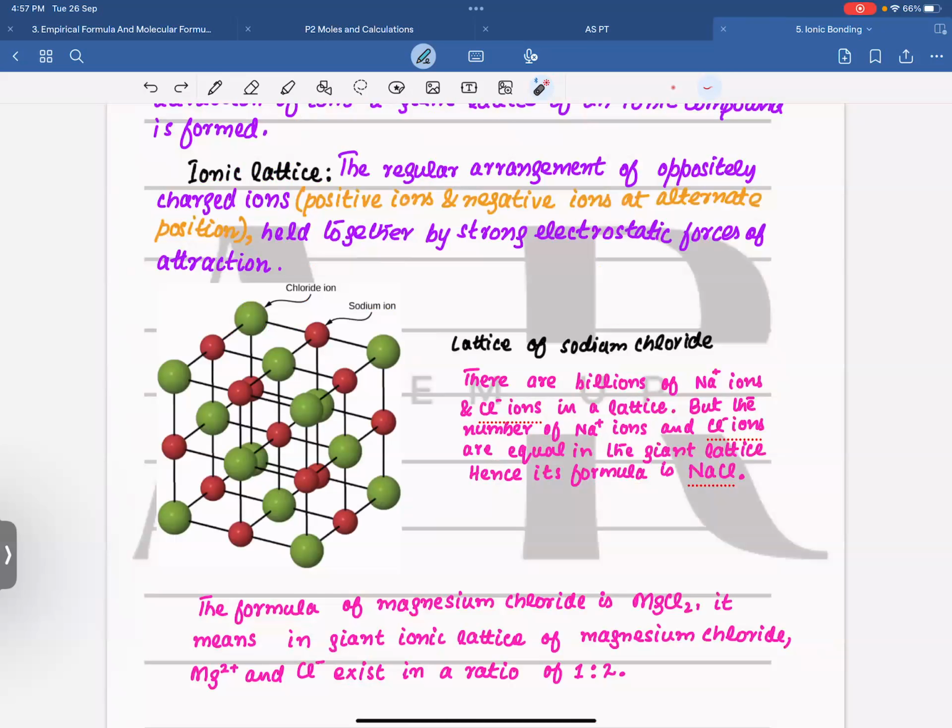So the formula of any ionic compound does not tell us the exact number of ions in the lattice structure, but it does tell us the ratio in which the ions exist in the lattice. Is this understandable? Okay, so note this down and we will be ending the class over here. From here onward, we will continue next class.